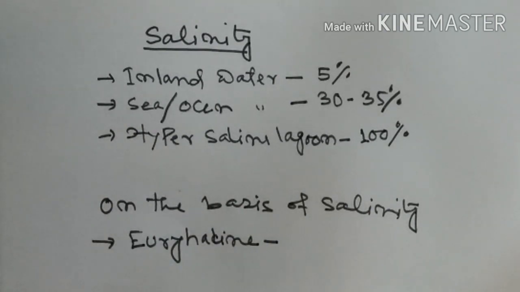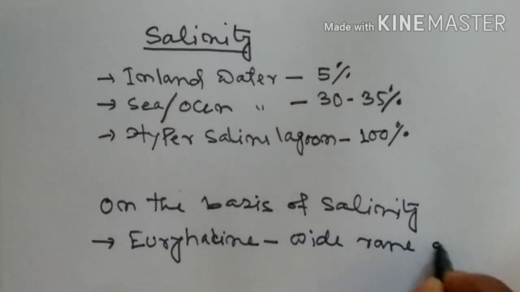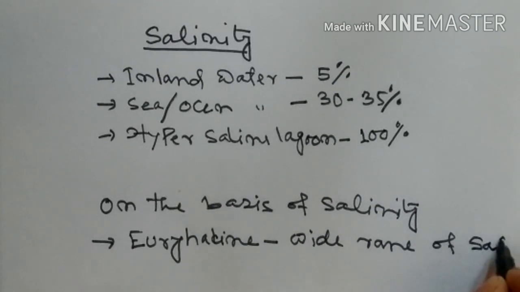Euryhaline: the organism which can survive in a wide range of salinity.